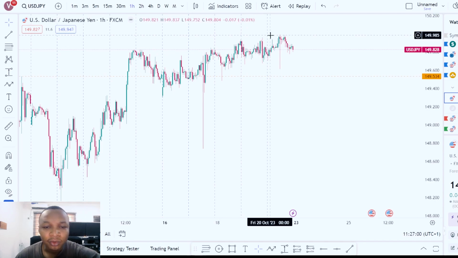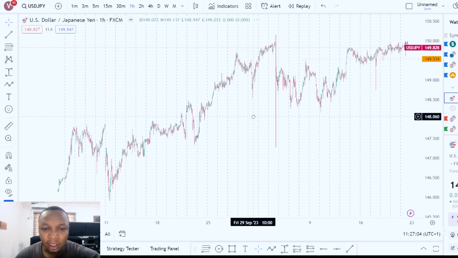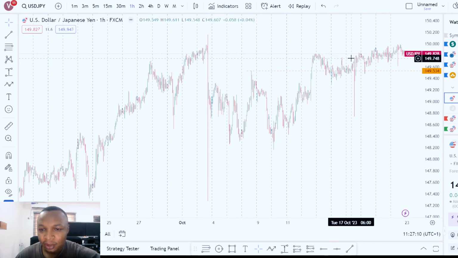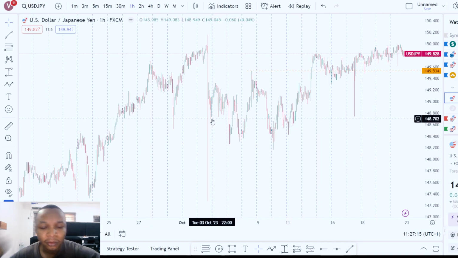We may see USD JPY trade further downwards if nothing happens. This was the first rejection off the 150 mark, then the second rejection, and the third rejection. Within about 2 weeks, there have been 3 rejections of the 150 mark on USD JPY.